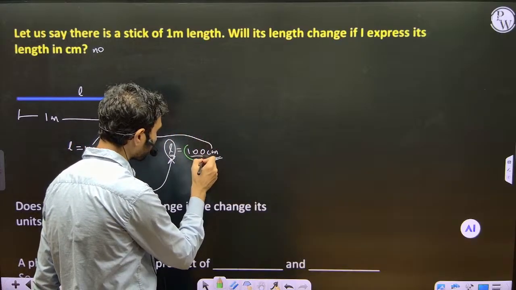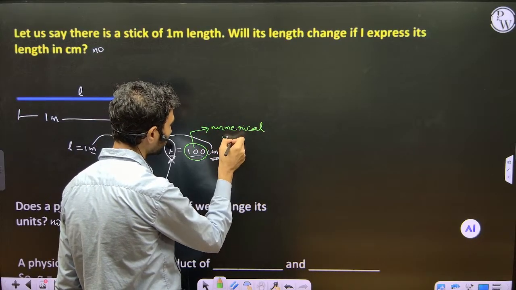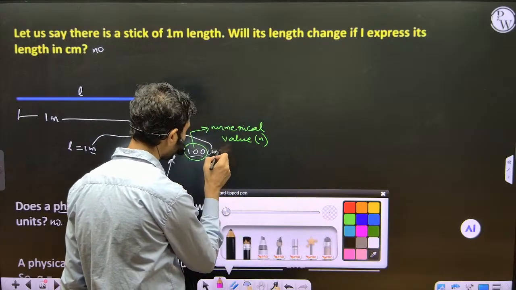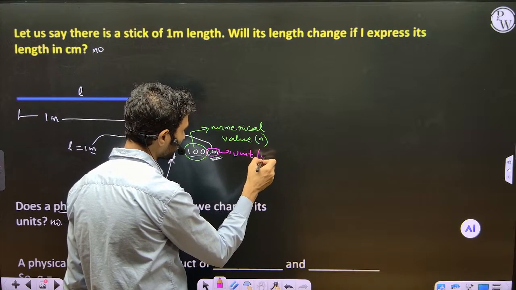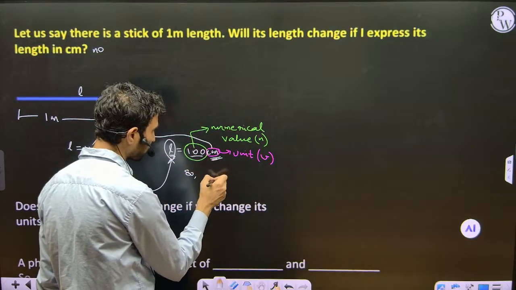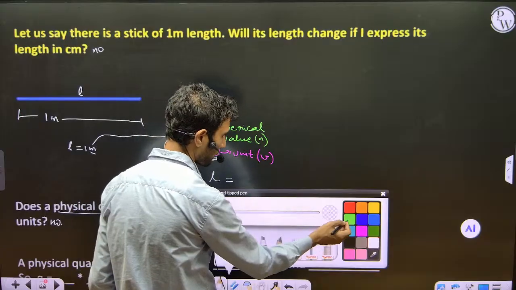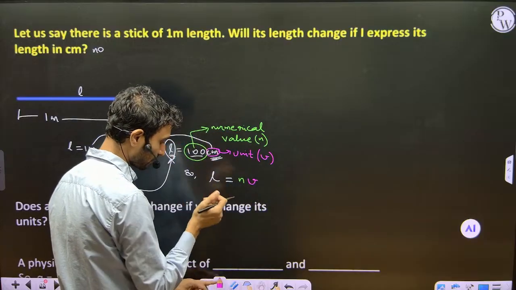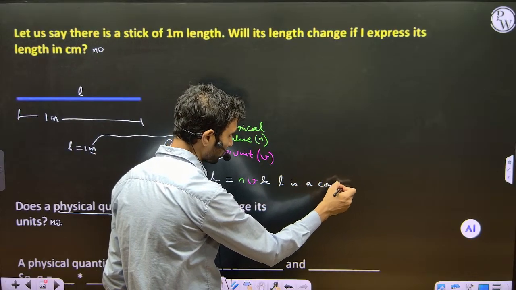And what is this here? 100 is the numerical value denoted by the letter N. And this is the unit denoted by the letter U. So what is L coming out to be? N into U. And L is a constant, right?